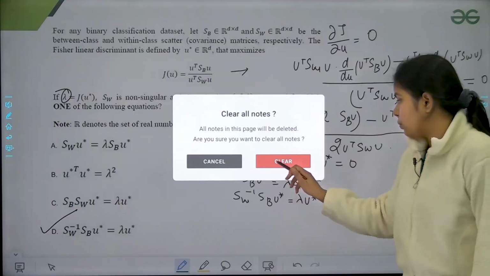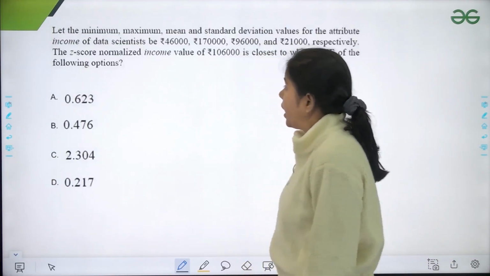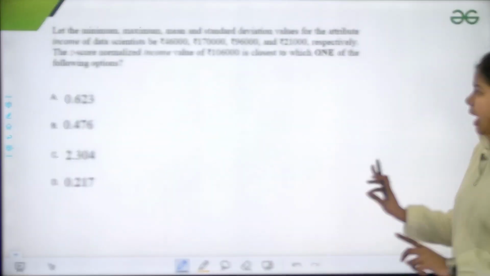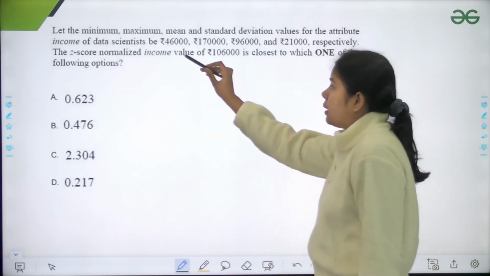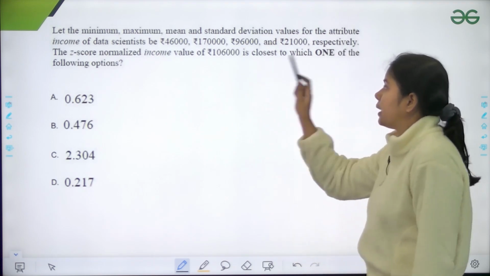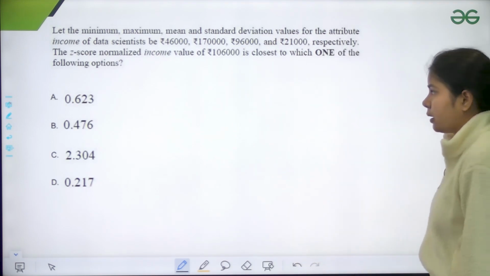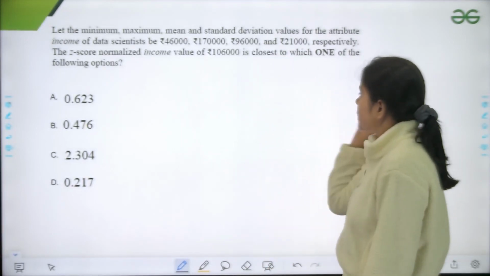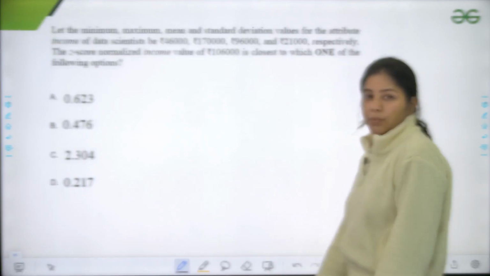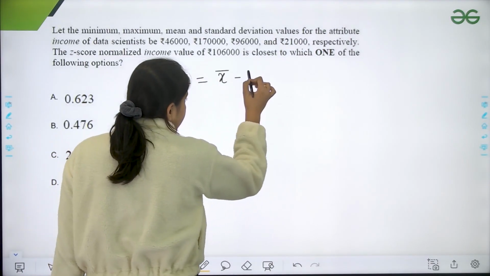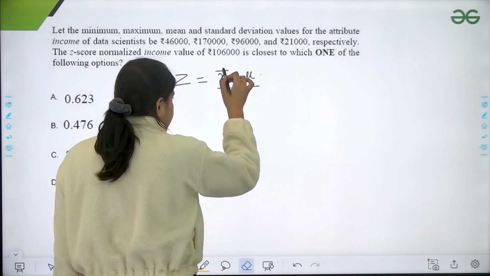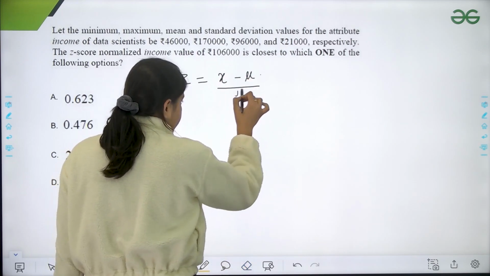Okay. Now, the next question we have is: minimum, maximum, mean and standard deviation values for the attribute income of data scientists are given. That is 46,000, 17,000, 96,000 and 21,000 respectively. Thus, the Z score normalized income value of 1 lakh 6,000 is closest to which one of the following options? So, the formula for Z score we all know is x minus mu over sigma, right?